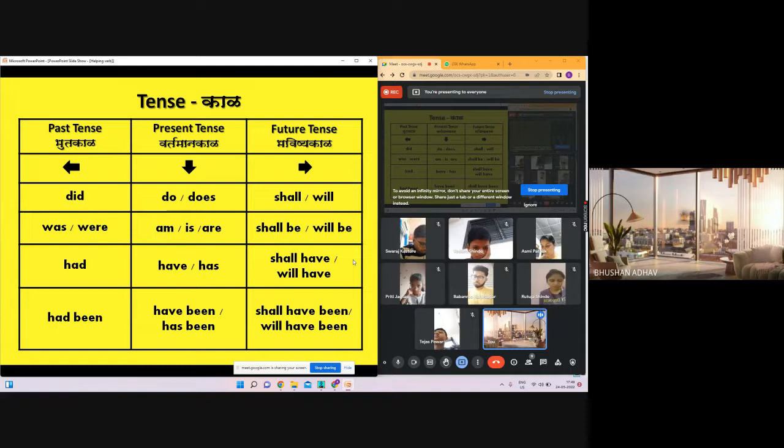Now, what is the role or function of a helping verb? It will help you to recognize the meaning of the sentence. It will help you to exactly recognize the tense and subtense. It helps you to provide proper vitality to your sentence.